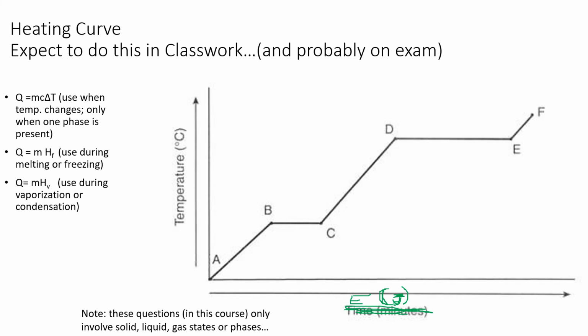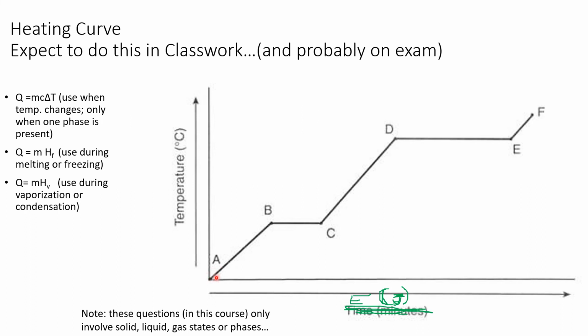What's happening here is as we apply more energy, going to the right on the x-axis. You could do energy per unit time, but I think that only complicates it. If you apply more energy for a given system, let's say for the A to B segment here, we have a solid, and we're measuring the temperature of that solid.